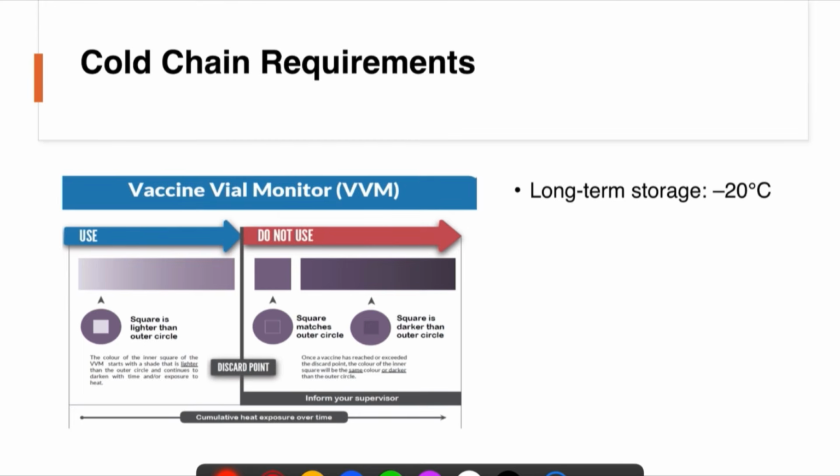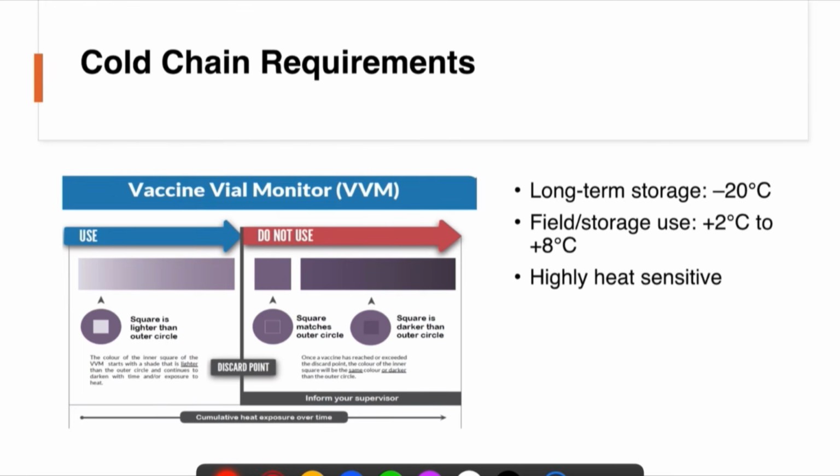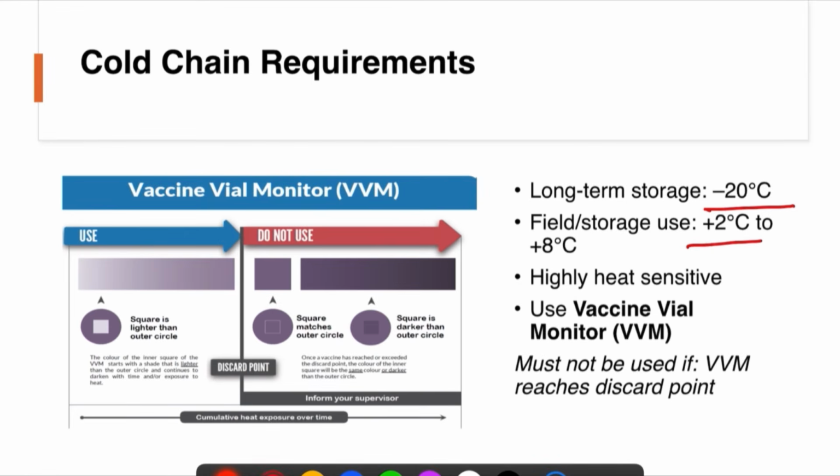Coming to the cold chain requirements of the vaccine, it is a heat-sensitive vaccine. For long-term storage, it is stored at -20. For field storage, the cold chain requirement is +2 to +8 degrees centigrade. Before administering the vaccine, we have to check the vaccine vial monitor, which captures the cumulative heat exposure of the vaccine.